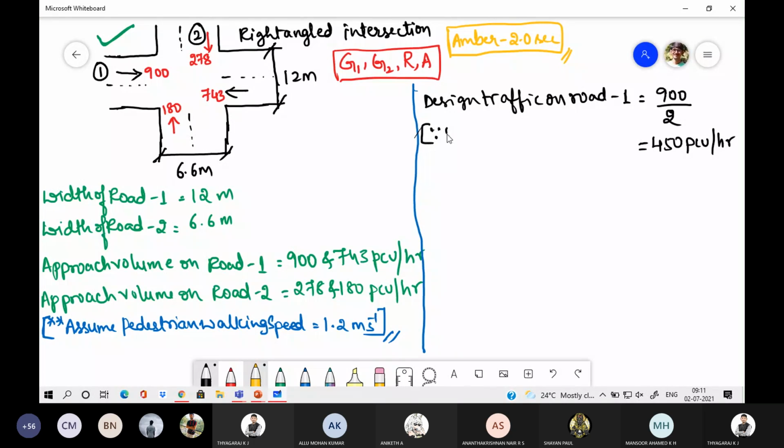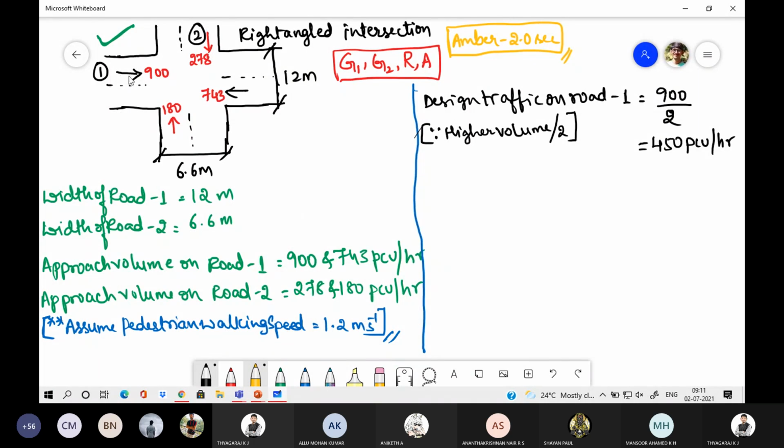Because higher volume divided by 2. Remember, design traffic means the maximum traffic which is running on the road, that is, the higher volume. We have to consider the higher volume. In road 1 we have got a higher volume of 900 PCU per hour. So 900 divided by 2, we get 450 PCU per hour.